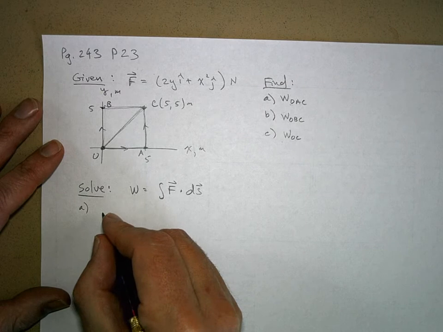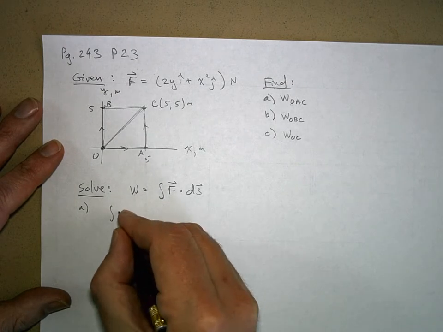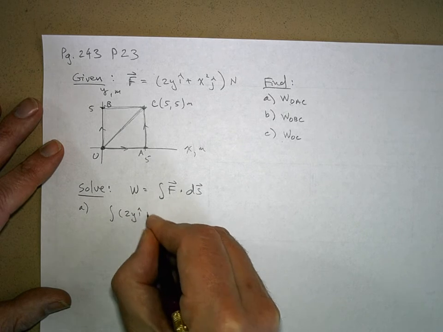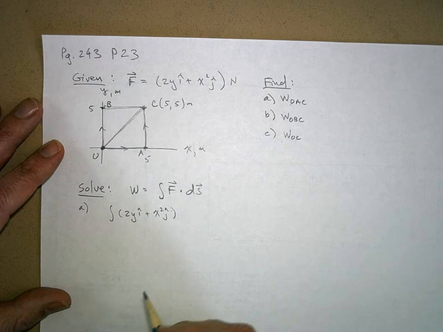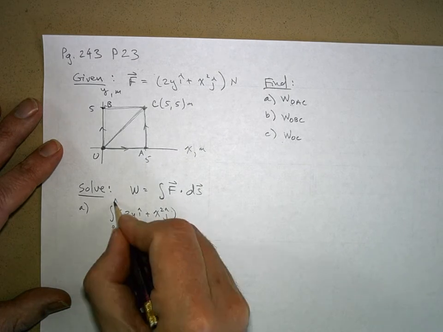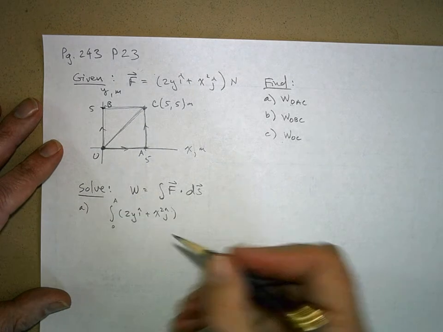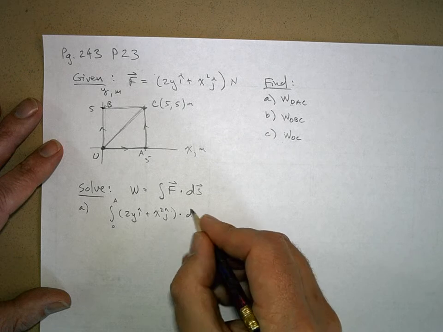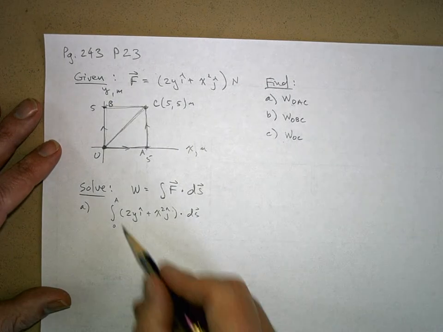So we'll say that it's the integral of F, which is 2y i plus x squared j, and if we're going from O to A, I'll just write it like that. Now, if I do this, and then dot, well, we'll just go ahead and say ds, but that's going to change here in a second. Look at this.